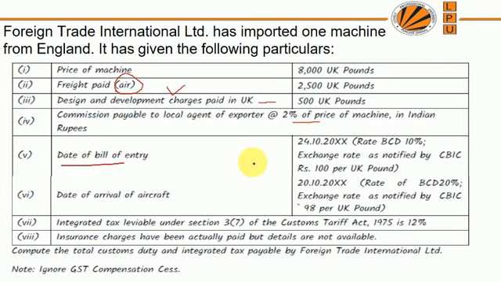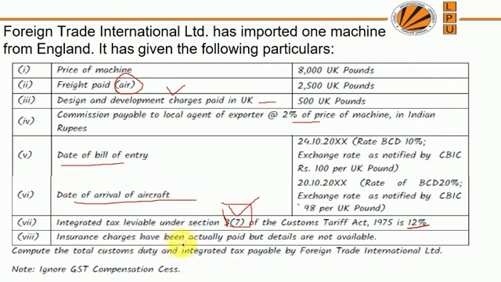Then the bill of entry is given. Date of arrival of aircraft is given. Integrated tax leviable under section 3, subsection 7. Why do I quote this section every time? If you get a theory question or a question in the exam, try to remember the section, right? It creates an impact on the evaluator always. So integrated tax is given as 12%.